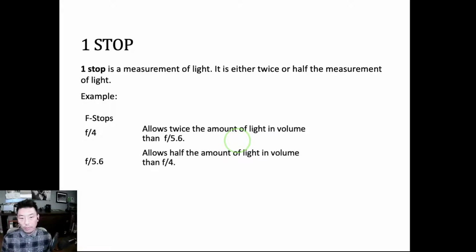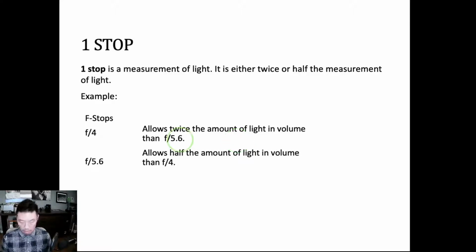Okay, so f4, because it's a bigger opening, allows twice the amount of light than 5.6. If you went the other way from 5.6 to f4, 5.6 is half the amount of light in terms of volume than f4. All right, but they're both one stop difference either way.